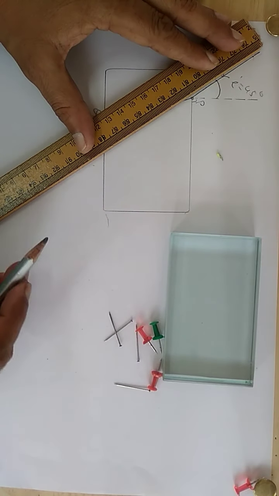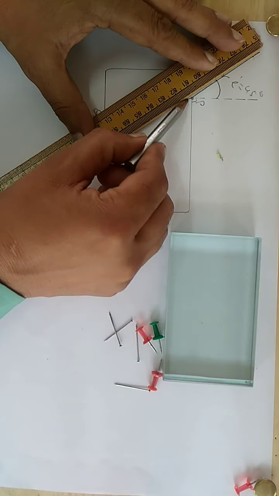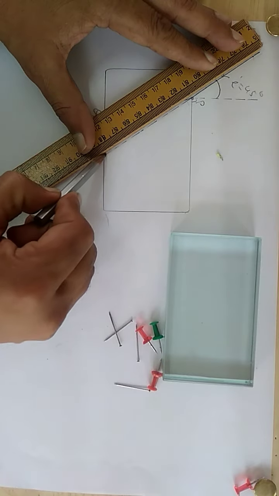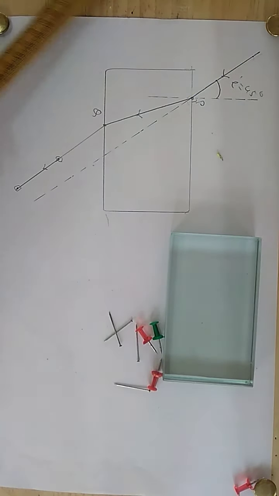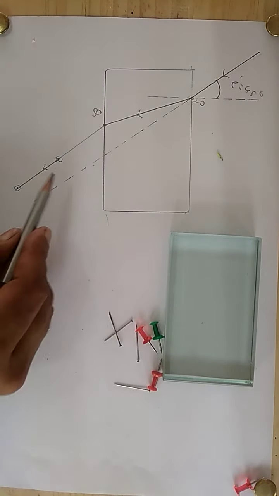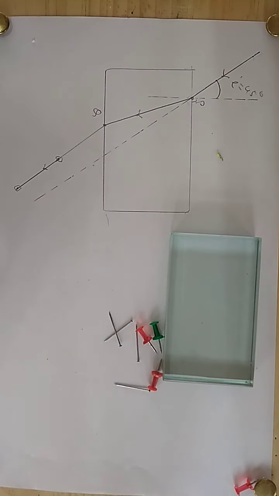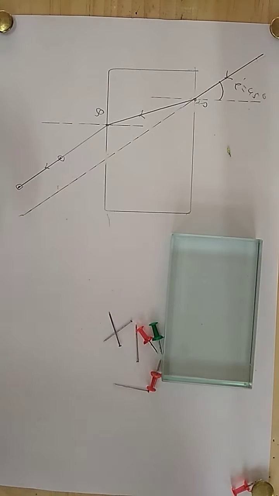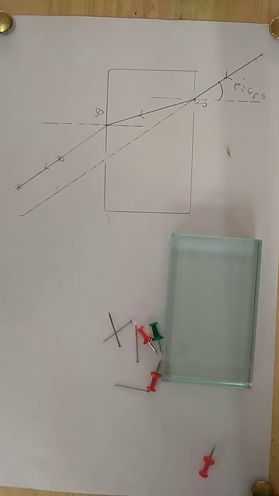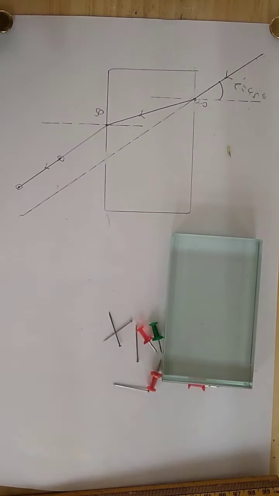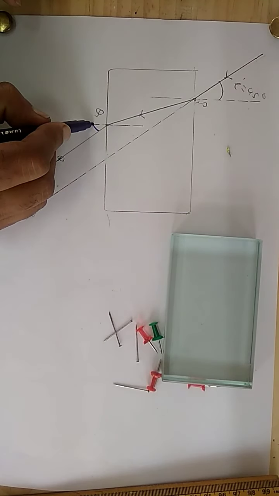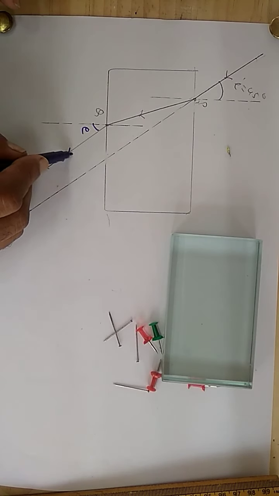Also draw the original ray in the forward direction such that these two directions will be parallel to each other. Here this angle is the angle of emergence, for this emergent ray.